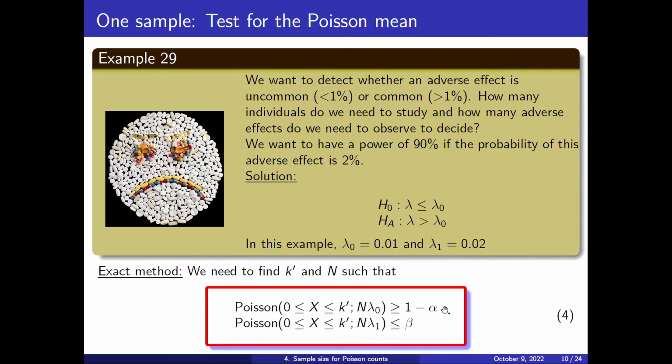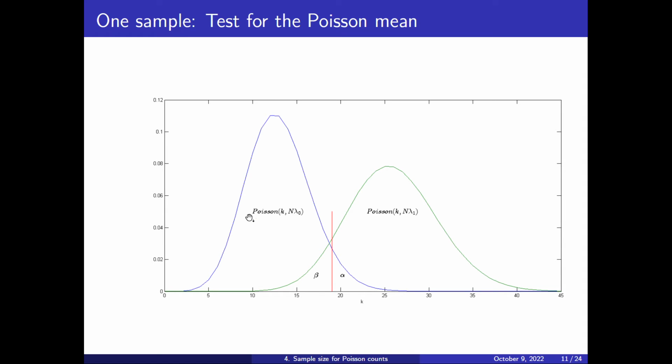It is the same as saying from that point to the right we have alpha, and then from the alternative, from that point to the left we have beta. So here we have that representation. So we have the null hypothesis. From this critical value to the right we have alpha. From the alternative to the left we have beta.